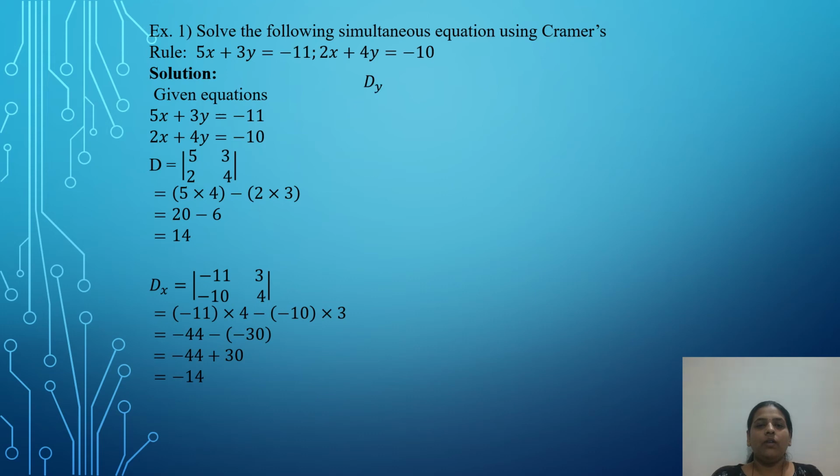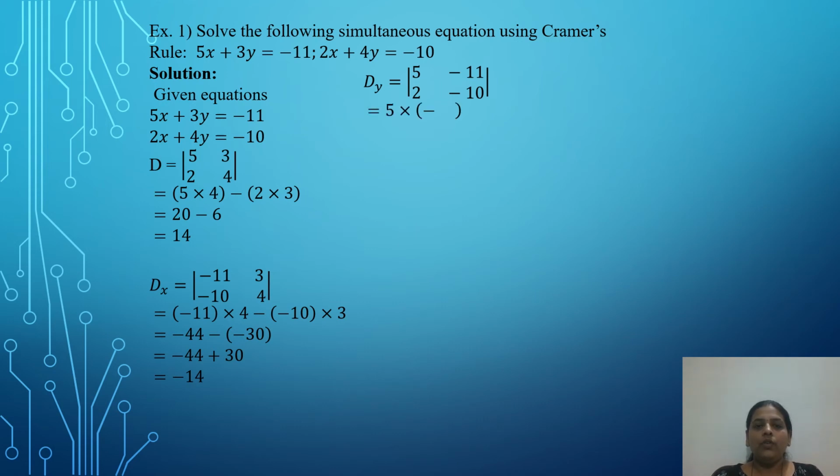After that we calculate the value of Dy. When we calculate Dy, the coefficient of y is replaced with the constants. So instead of the y coefficients, we put the constants, that is minus 11 and minus 10. So what is the Dy determinant here? That is 5, minus 11, 2, minus 10.